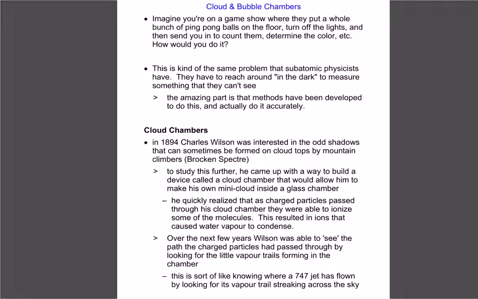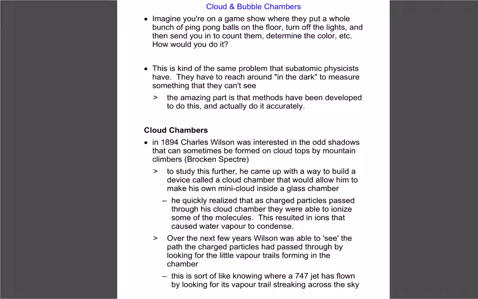So the idea is, how can we reach around in the dark or be able to see these things in areas that we actually can't see? Physicists got the idea from Charles Wilson, who was using cloud chambers to try to mimic what happens in clouds in terms of weather patterns.